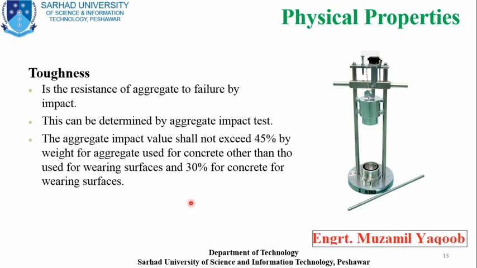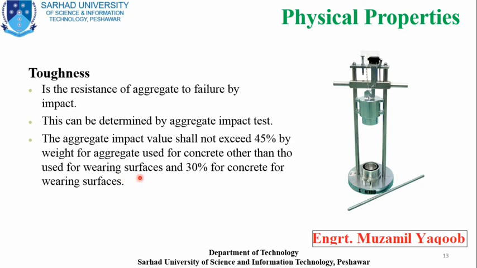If we talk about standard values, we should know the standard toughness, or in other words the impact value. The impact value shall not exceed 45% by weight of aggregate used as a wearing surface, as I discussed in the previous slide.